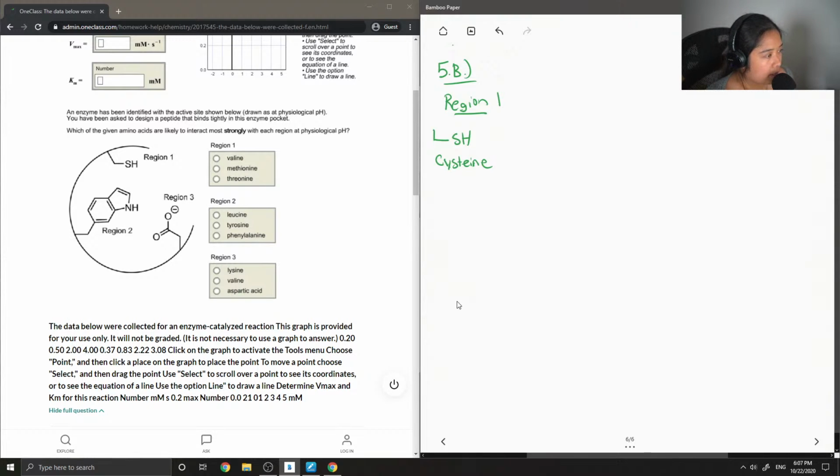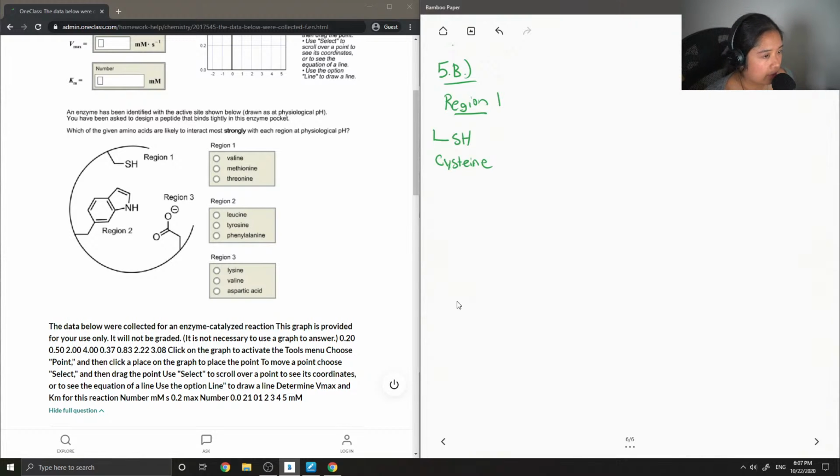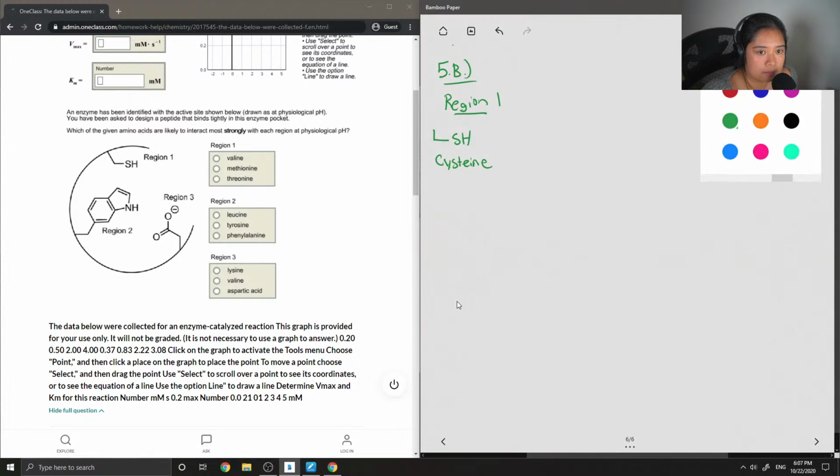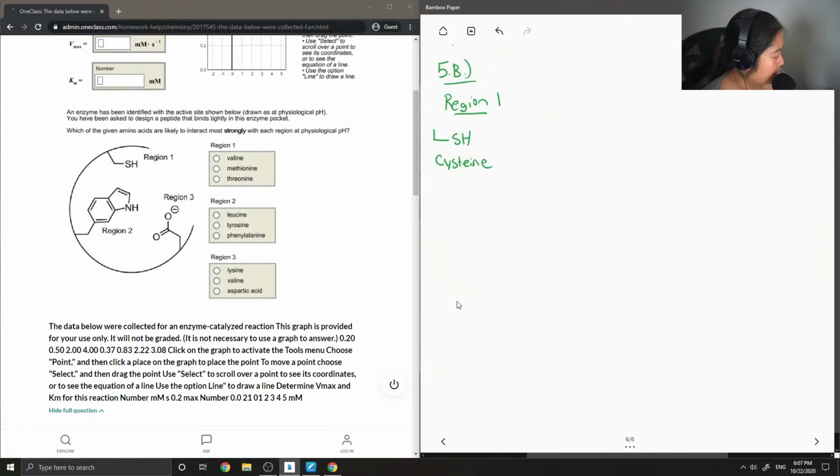And then basically, out of all of the options that are given, I would say that the threonine would interact the most strongly. So let me draw out the structure of threonine, and I'll explain why once I finish writing it down.